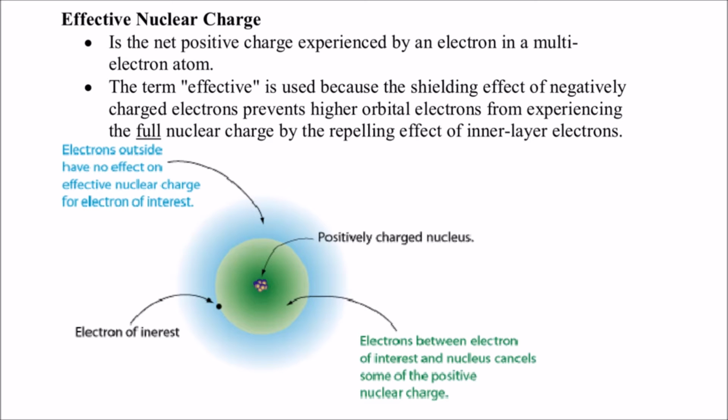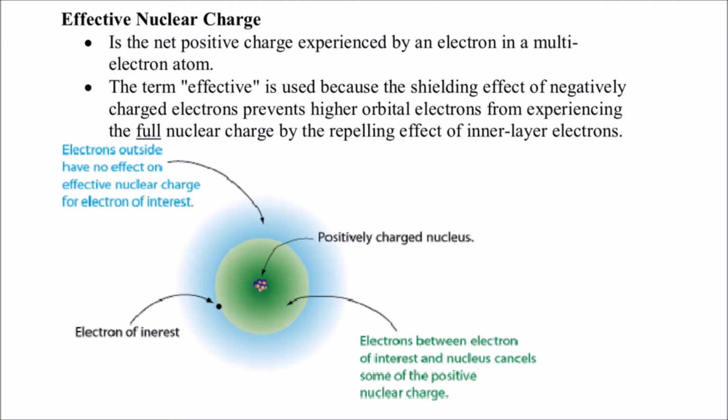Okay, so these electrons that are outside have no effect on the nuclear charge for an electron that is closer in. Notice that the electron of interest here is closer to the nucleus than these electrons out here.